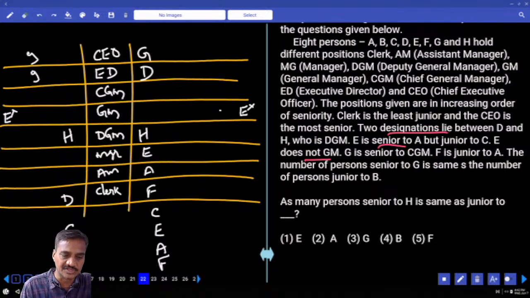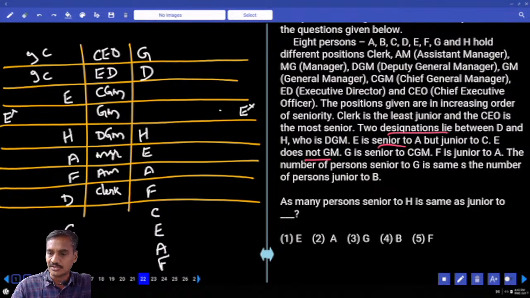Again in this case, C, E, A, F. E cannot be here, isn't it? Hence A is here, F is here, and E is here. Then C and G must be in these 2 places in any order.